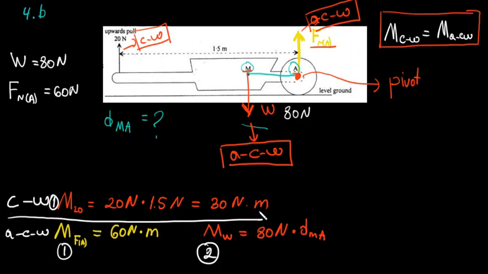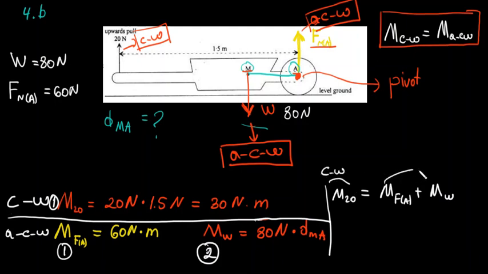So if I use this information for solving the problem, I can easily get that M of 20 Newton is equal to M of F A plus M of weight, because this is clockwise and this is the sum of anti-clockwise.